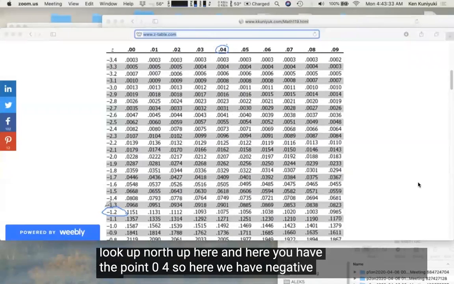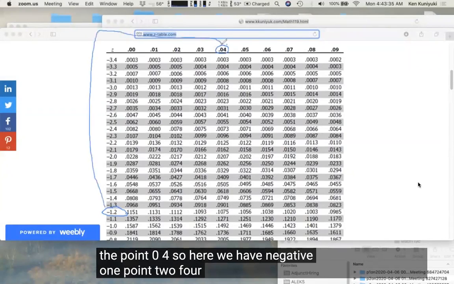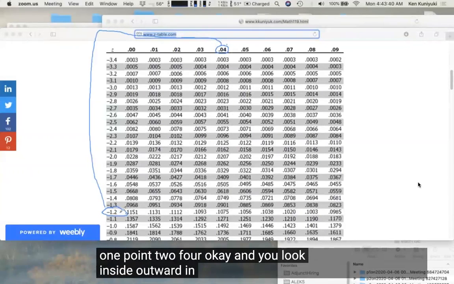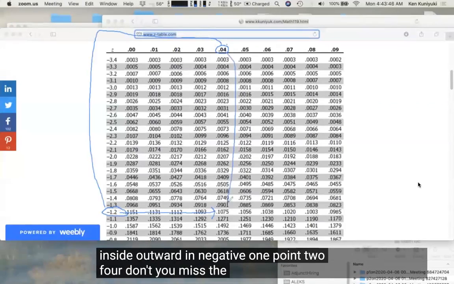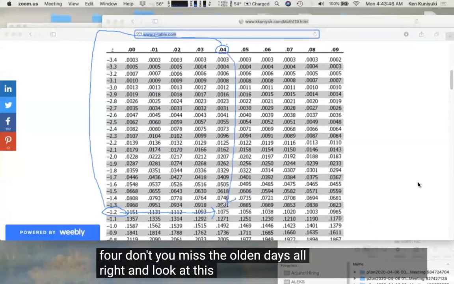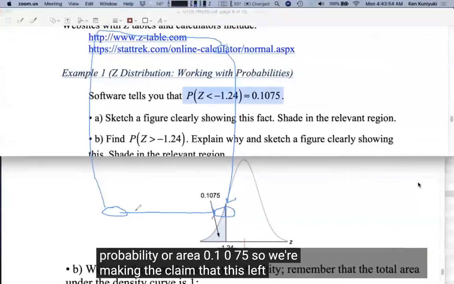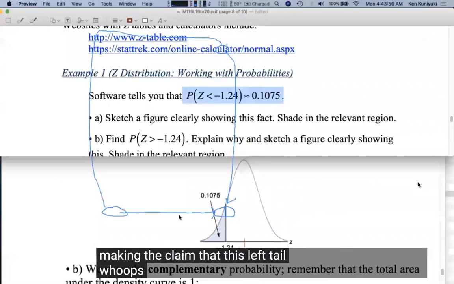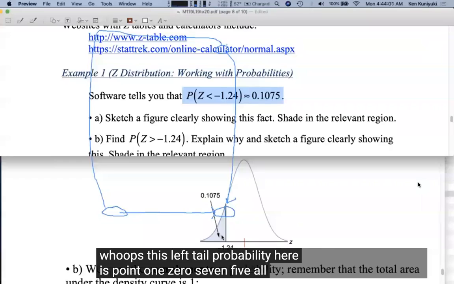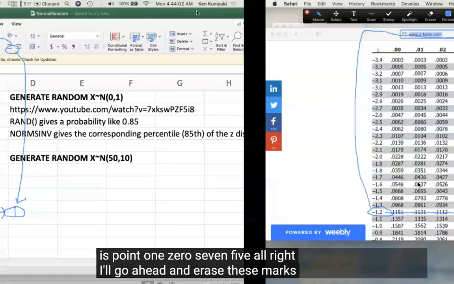So here we have negative 1.24, and you look inside, outward in. Negative 1.24. Don't you miss the olden days. All right, and look at this corresponding probability or area, 0.1075. So we're making the claim that this left tail probability here is 0.1075.